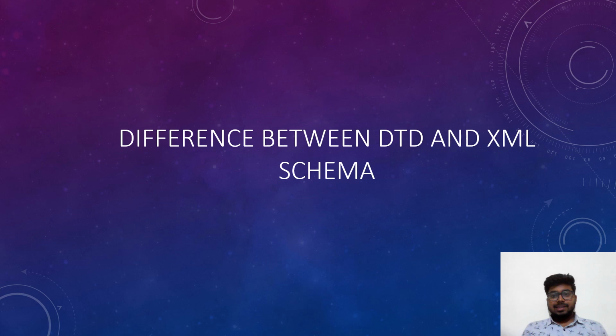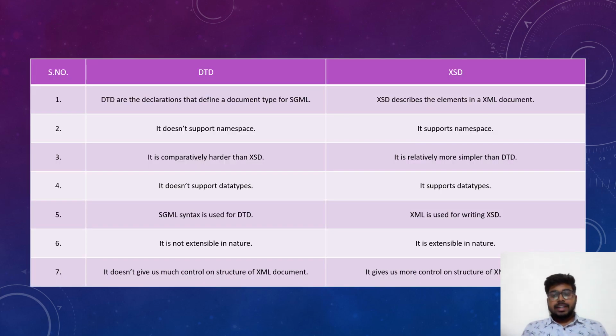Difference between DTD and XML Schema. DTD and XSD. DTD is a declaration that defines a document type for SGML, whereas XSD describes the elements in an XML document.